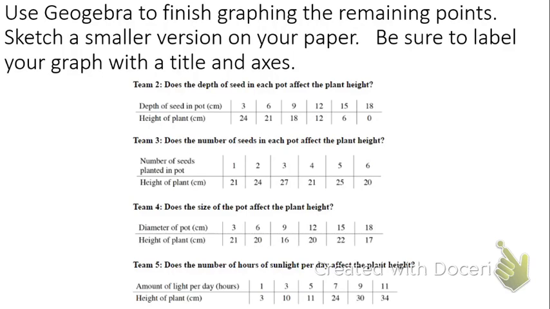Have one person pause the video and keep all of this information up. Have the second person open up GeoGebra, and they're going to start graphing each of these. After you use GeoGebra to graph it, go ahead and draw it on your paper. Don't spend a huge amount of time drawing it exactly and perfectly. That would take a lot of time.